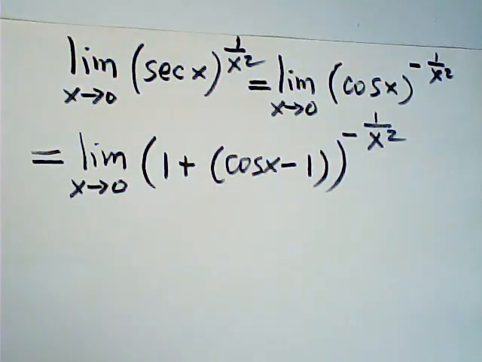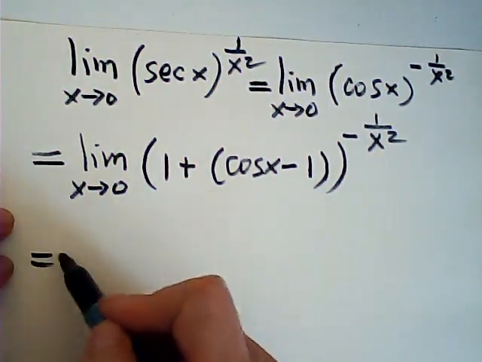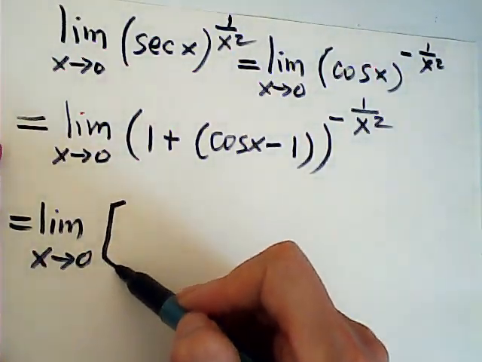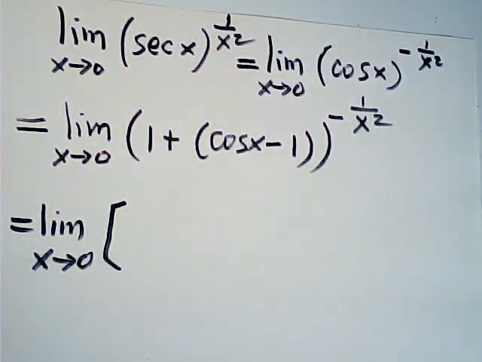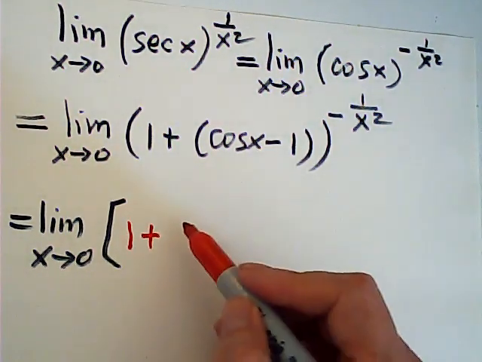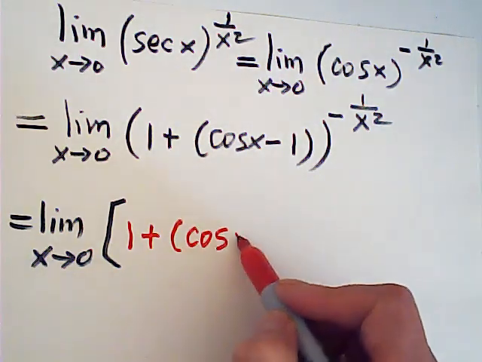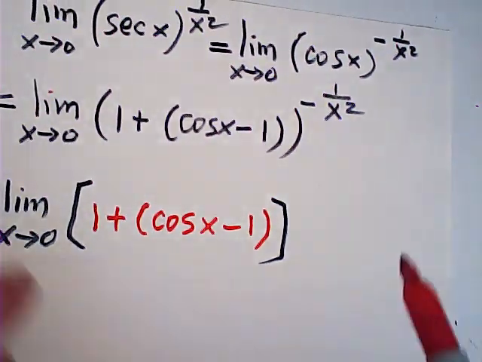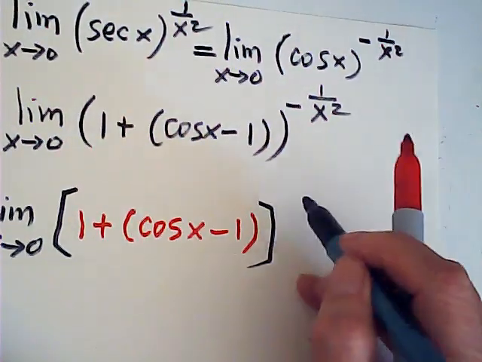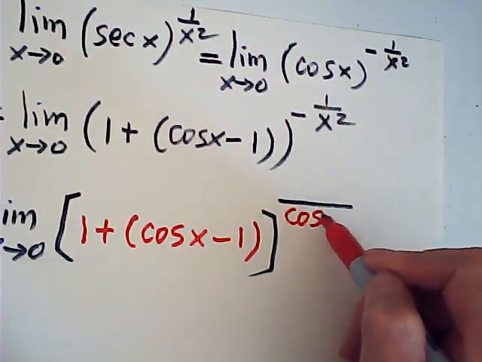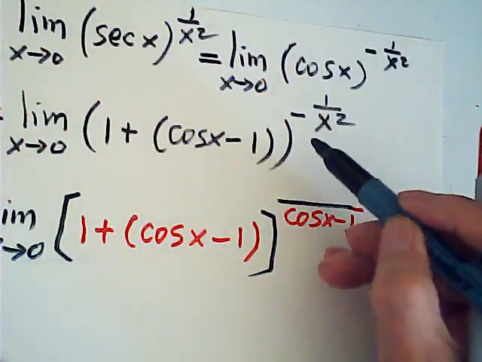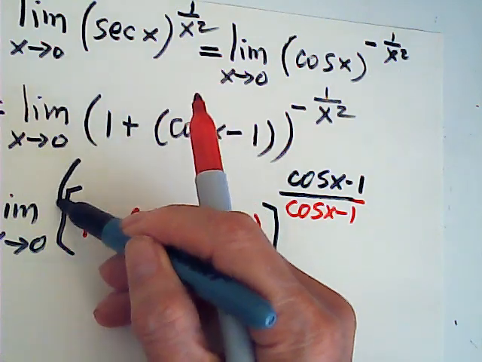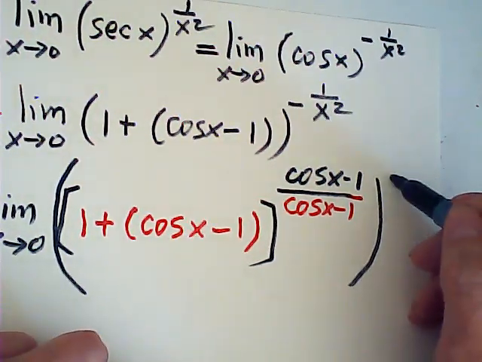This one is equal to the limit x goes to 0 of 1 plus cosine x minus 1, to the power 1 over cosine x minus 1, and cosine x minus 1, all together to the power of negative 1 over x squared.